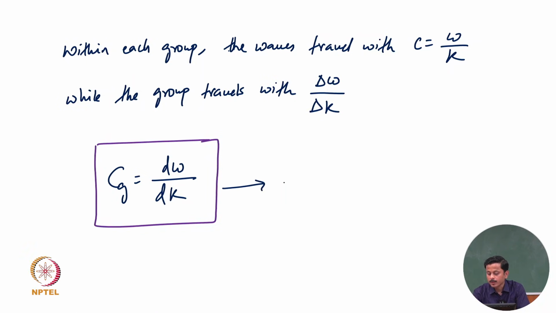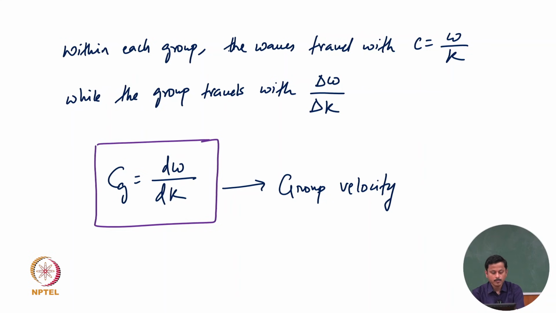And this is the velocity with which the energy propagates in the system. Cg is the group velocity of the combination of waves, and this is the energy associated with each group. Each of the groups will take away the energy at this group velocity, and this is different from the phase velocity, the phase speed at which the individual waves are traveling.